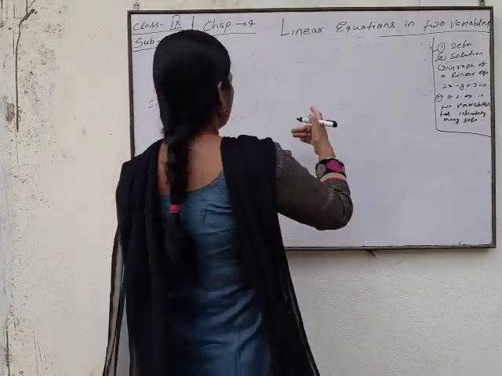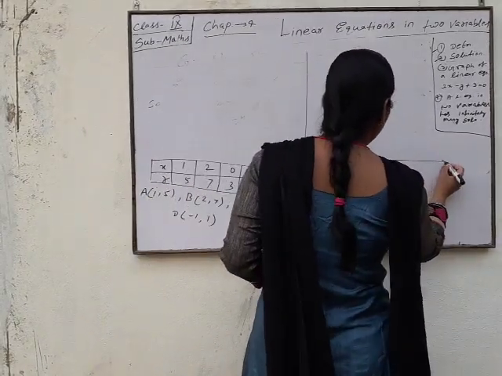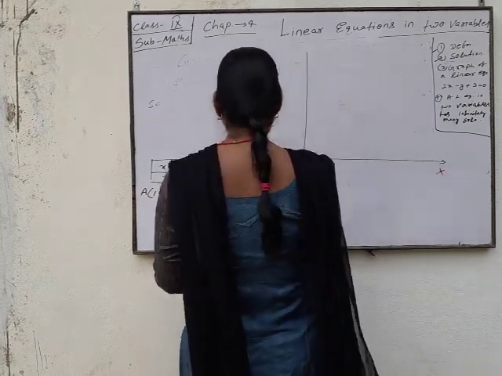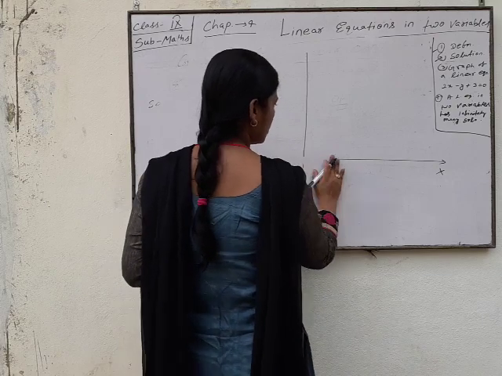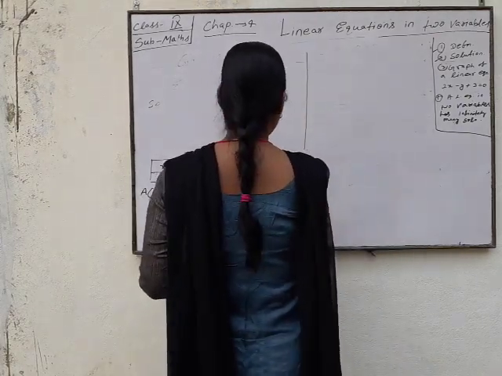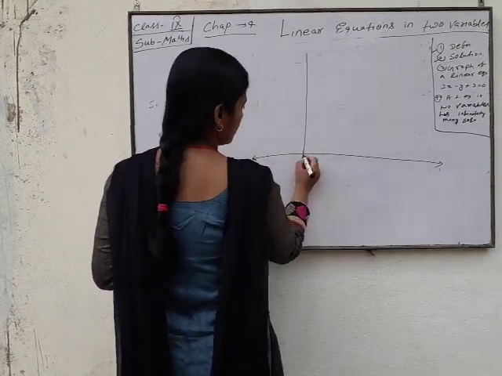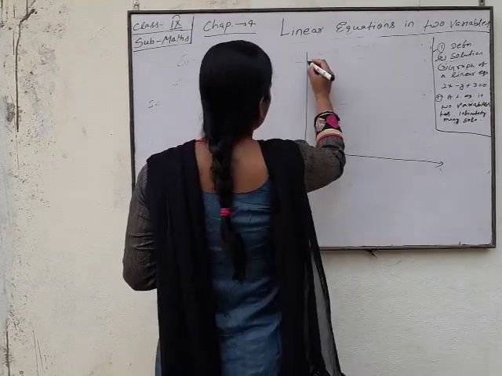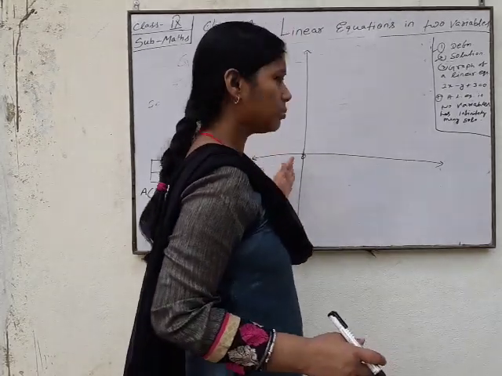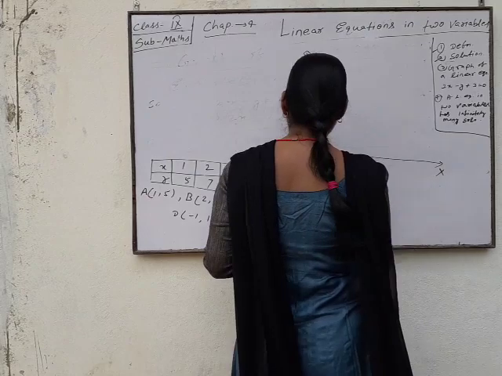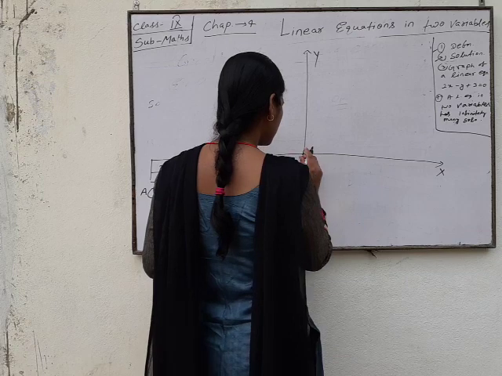So first you draw your axes, the x-axis. This is negative. Also extend the negative side. This is your horizontal axis, x-axis, and this is your vertical axis. X O X dash, Y O Y dash, and this is your origin.